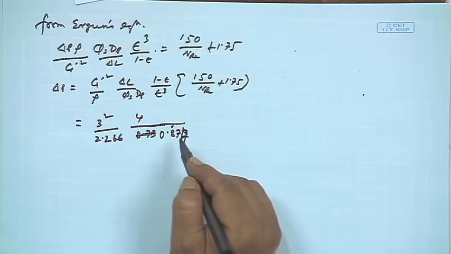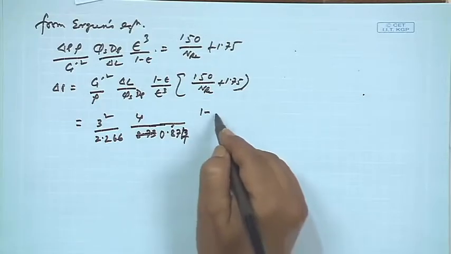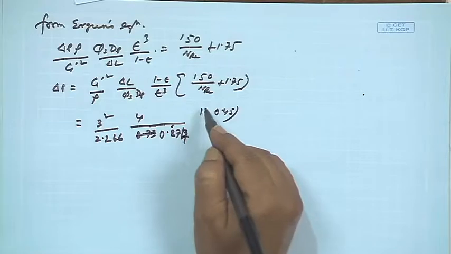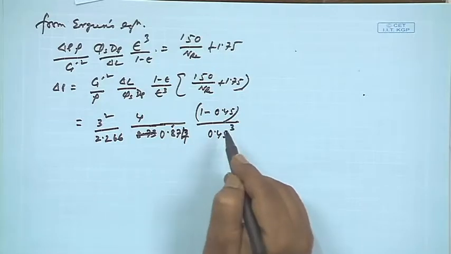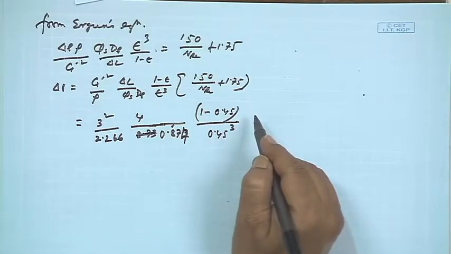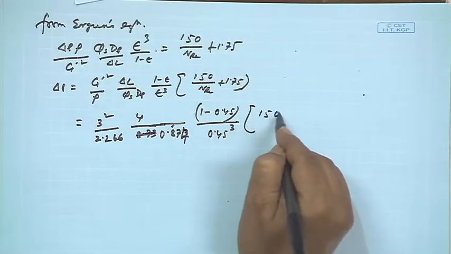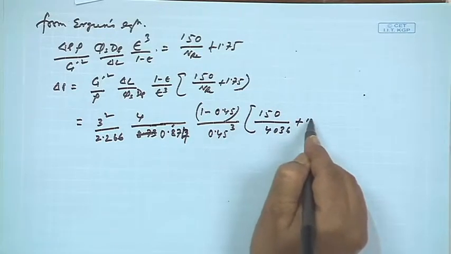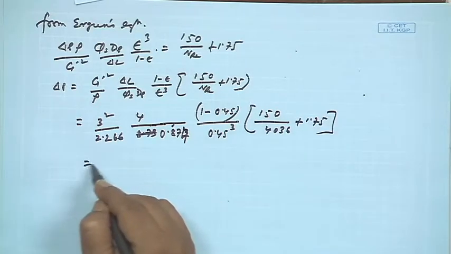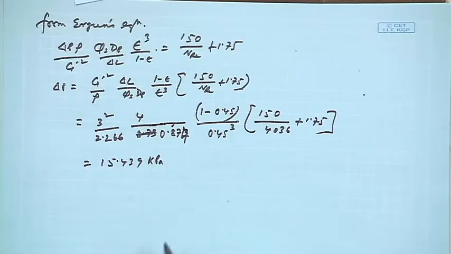Then 1 minus epsilon is 0.45, divided by 0.45 cube, into 150 by NRE, where NRE is 4036, plus 1.75. This equals 15.439 kilopascal. So delta P is 15.439 kilopascal.